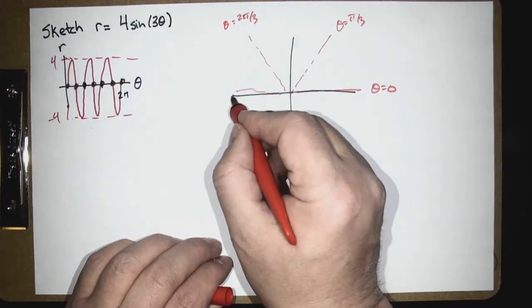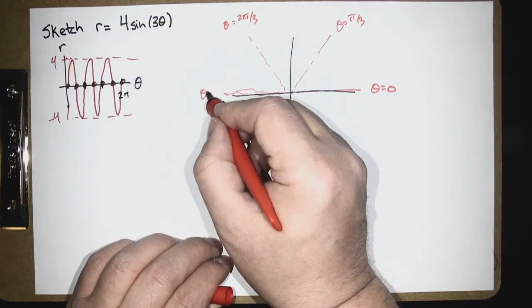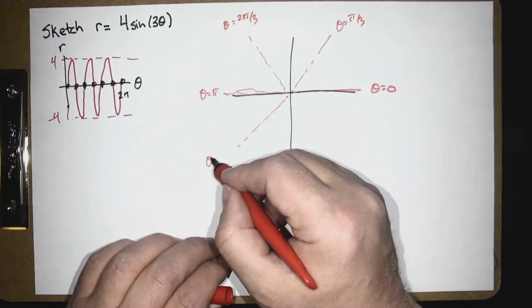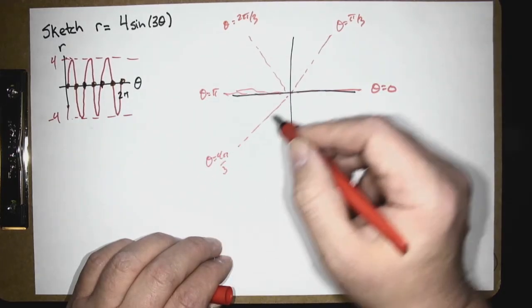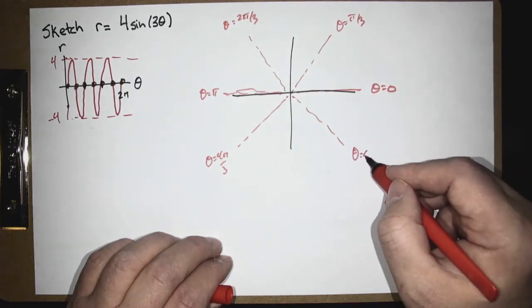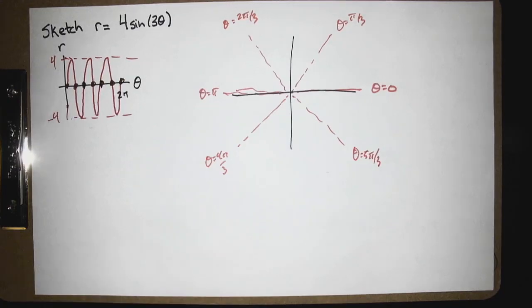Pi over 3, 3 pi over 3, that's here at pi. 4 pi over 3. And 5 pi over 3. All right. Roughly speaking, we've chopped up into 6 parts. A little bit off, but roughly speaking.